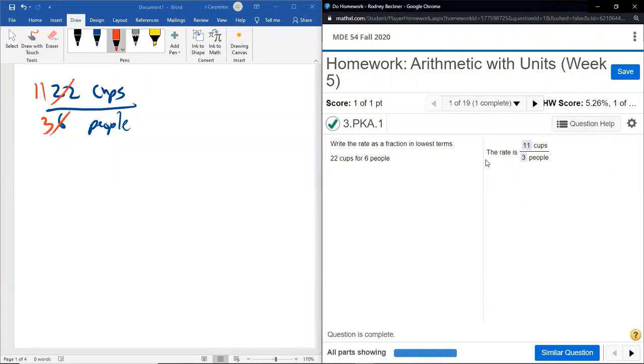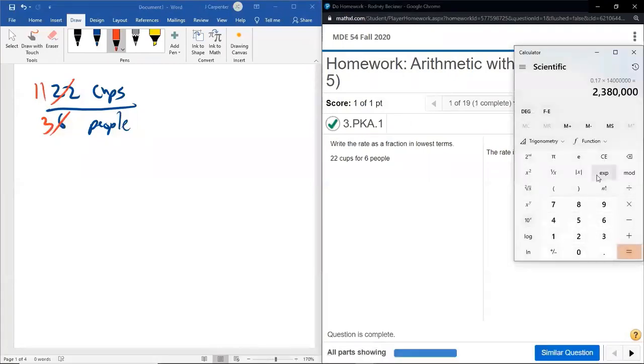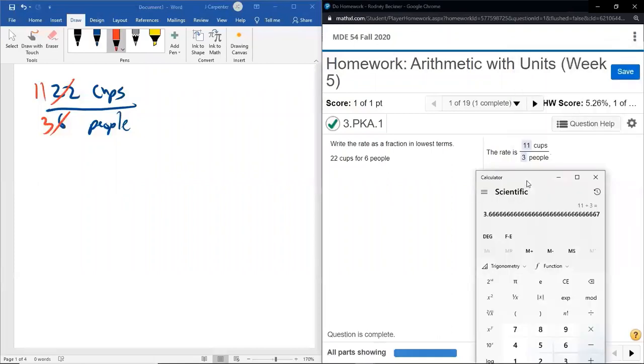Or maybe there would have been a reason to do it as a unit rate, which is where you actually do the division, which for this problem would have been 11 divided by 3. So you do your division, and you say 3.66 or 3.67 if you round to the nearest tenth, instead of 3.666666. And then you say, okay, well, that's 3.67 cups of coffee per person.